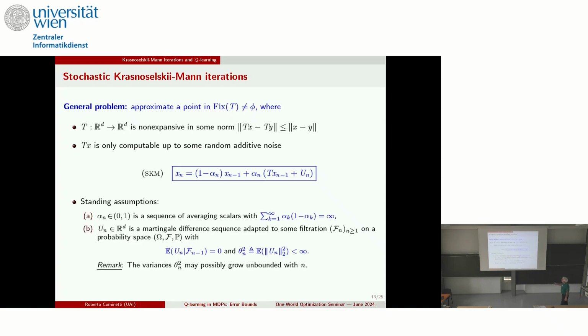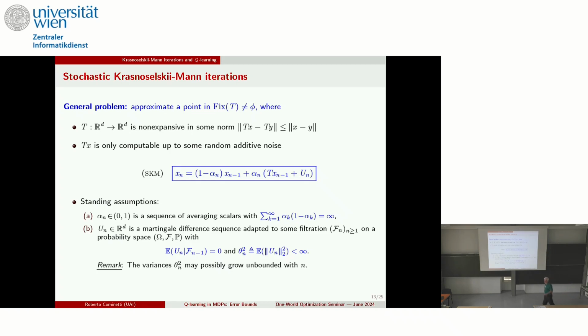Standing assumption: the alpha_n's are assumed to be a sequence where the sum diverges. Sometimes, most of the time, alpha_k will go to 0, but for the moment, no. And the noise, I'm assuming that it's a martingale difference, so basically that it has 0 mean in some filtration, and finite variance, sorry, not bounded.